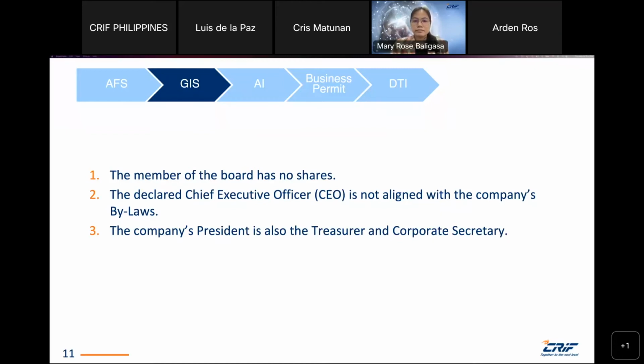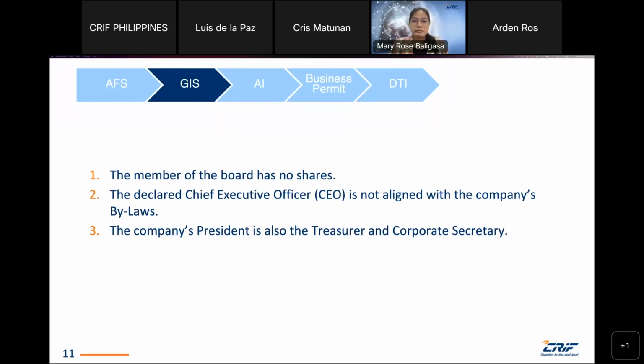For number 3, under the General Information Sheet, the company's president is also the treasurer and corporate secretary. In Title 3, Section 24 of the Corporation Code, it states that the same person may hold two or more positions concurrently, except that no one shall act as president and secretary or as president and treasurer at the same time.